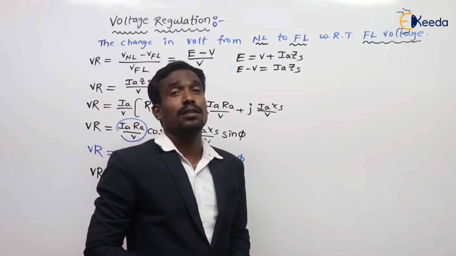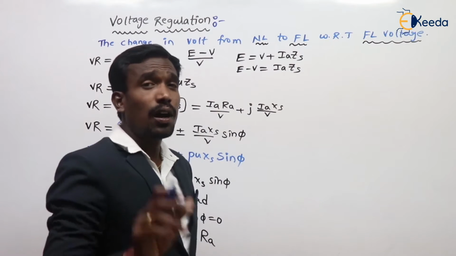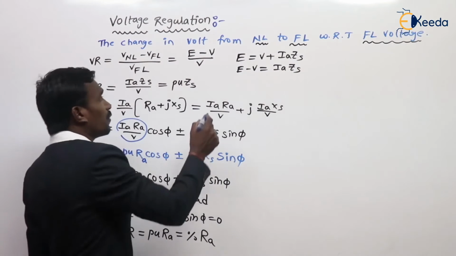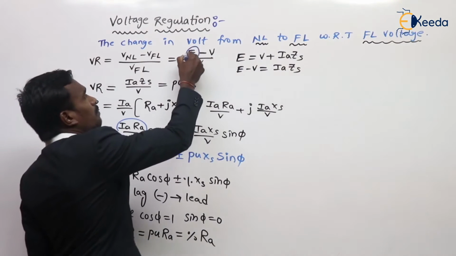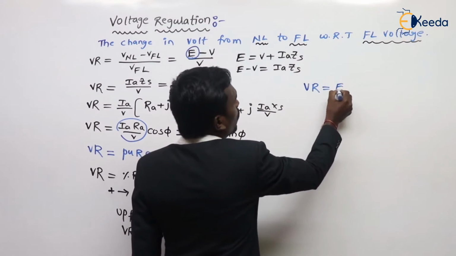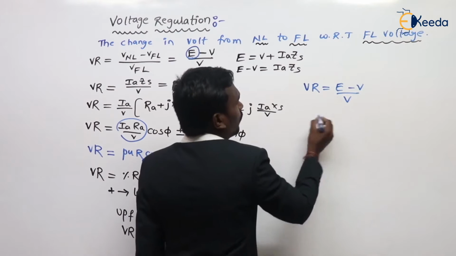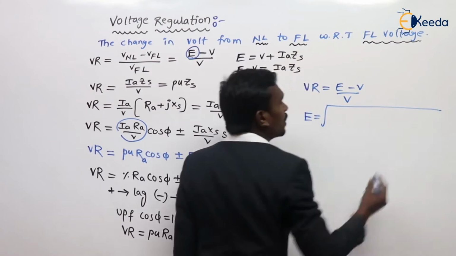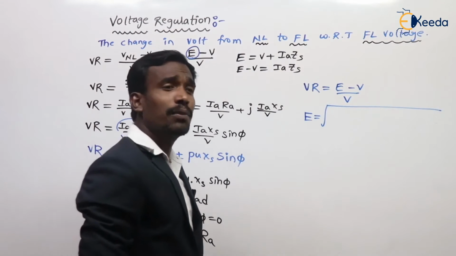But they will ask you questions on voltage regulation. Then first you have to find this EMF, because voltage regulation is equal to (E minus V) upon V. So in voltage regulation problems, you have to know the EMF value.